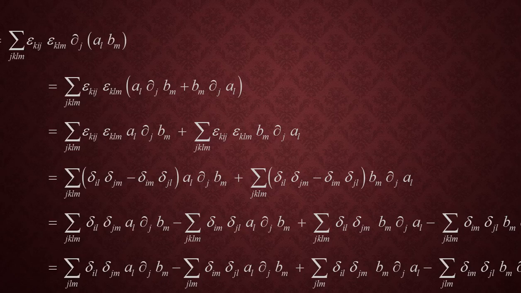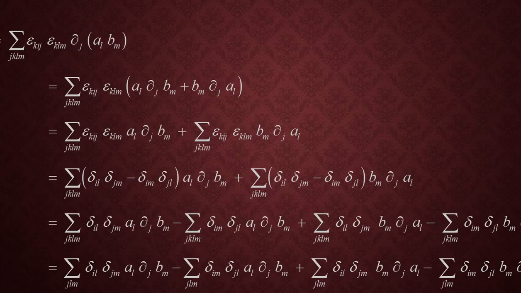After replacing epsilon suffix ijk with epsilon suffix kij, the representation becomes summation sigma over jklm, epsilon suffix kij, epsilon suffix klm, dou j of a_l b_m.